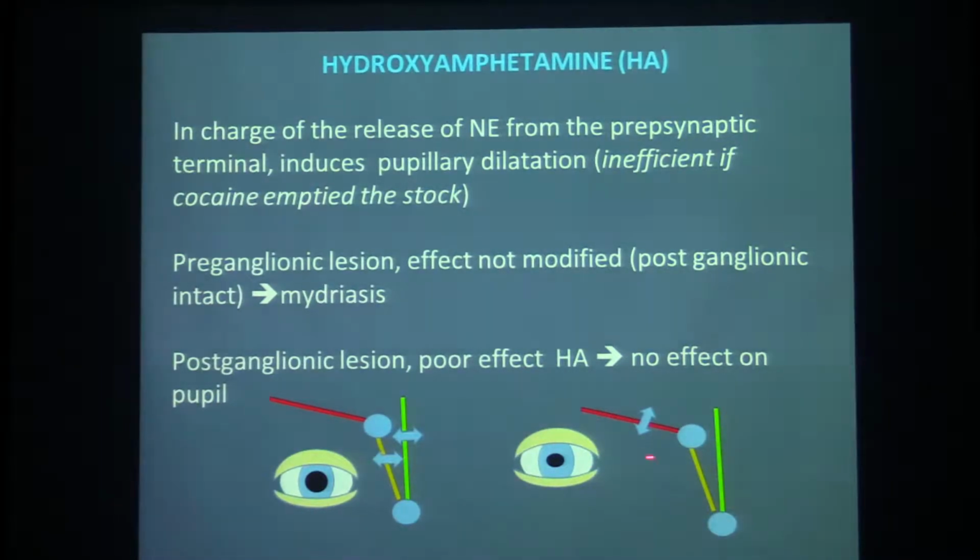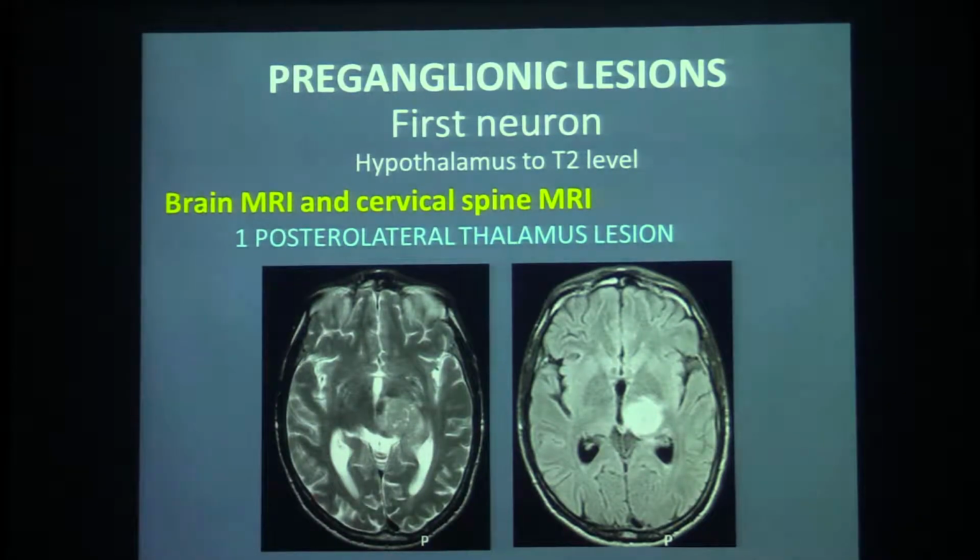But when the lesion is on the third neuron, there is no more norepinephrine, and there is no mydriasis. And so with the two eye drops, we have the confirmation of the Horner syndrome, and sometimes ophthalmologists can say, look at the lesion, it's rather the spinal cord, it's rather the second neuron, or it's around the carotid. And so I will now show you some examples of those lesions just to show you where in the anatomic pathway you can find them.